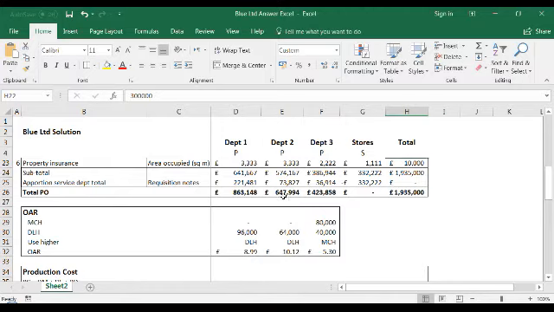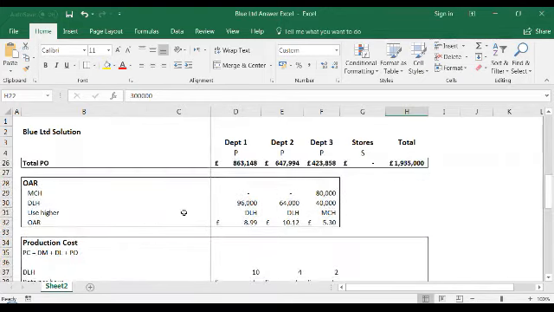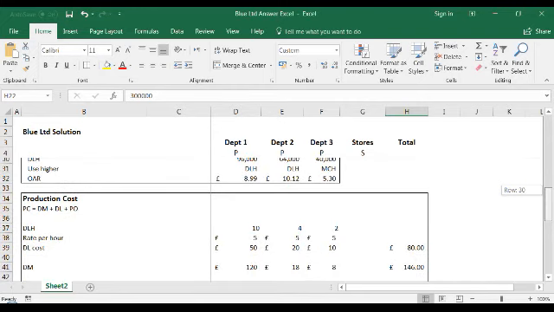Similarly for department 2, this total figure divided by total number of direct labor hours gives us 10.12, and in this case machine hours. So this figure divided by 80,000 gives us 5.30 per machine hour. So we have worked out the overhead absorption rates for the 3 departments. Now we are in a position to work out production cost.